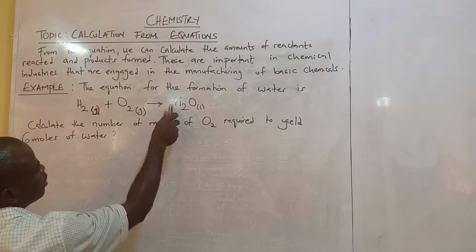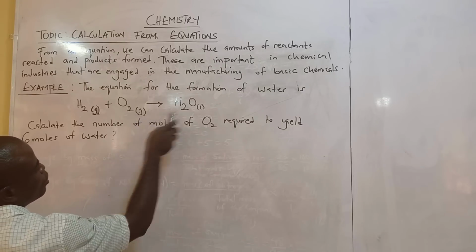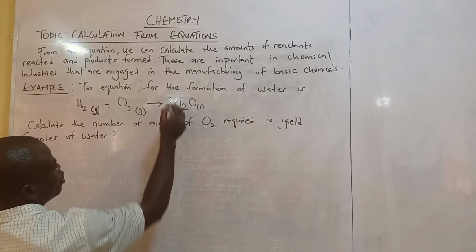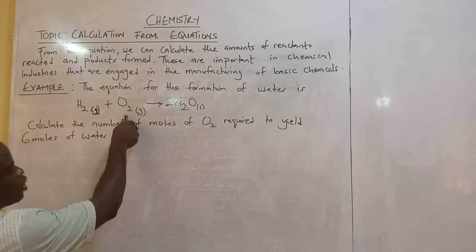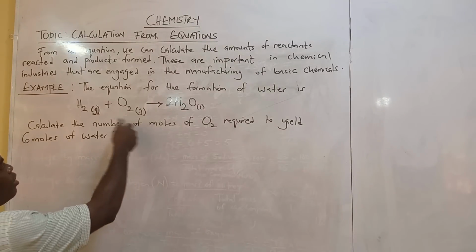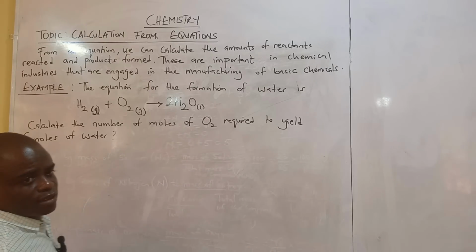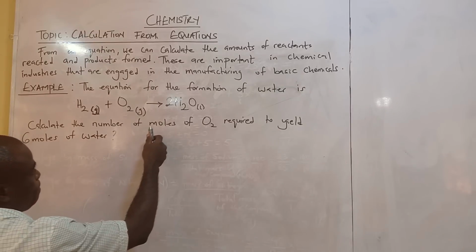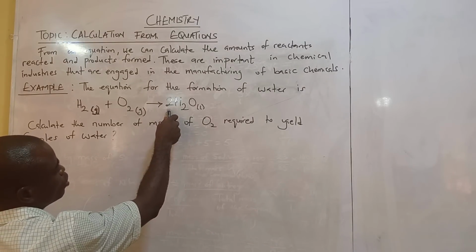Let's balance this side first. Since you have two atoms of oxygen here, you put two here to balance the oxygen. That's how to balance an equation. You'll be given a wrong equation, and you are the one to add the necessary number of molecules to balance either side. Now we have added 2 to this water.